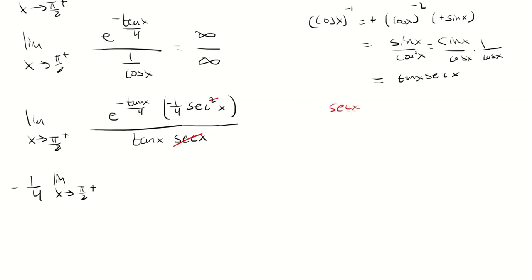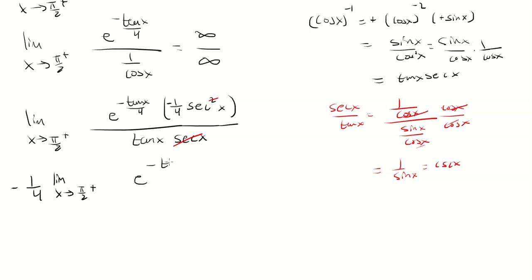So secant over tangent is the same thing as 1 over cosine over sine over cosine. And so if you multiply the top and the bottom by cosine, these will cancel, and you're left with 1 over sine, which is cosecant. So this is e to negative tangent over 4 over, so yeah, the cosecant would have been on top, but let's just put it on the bottom as just sine.